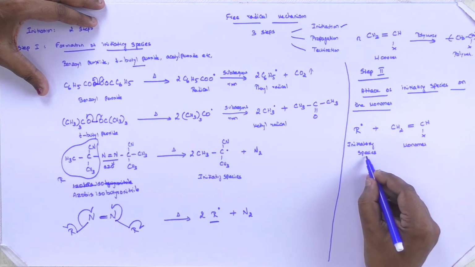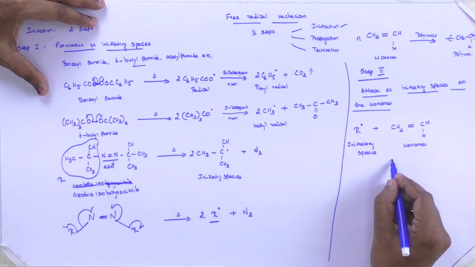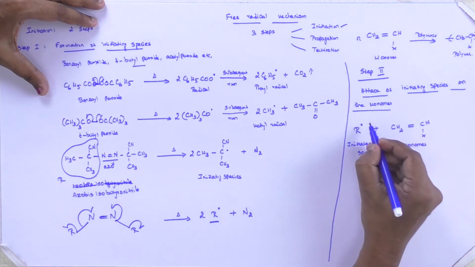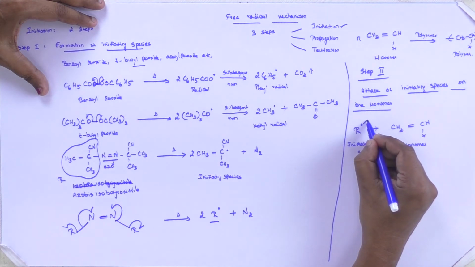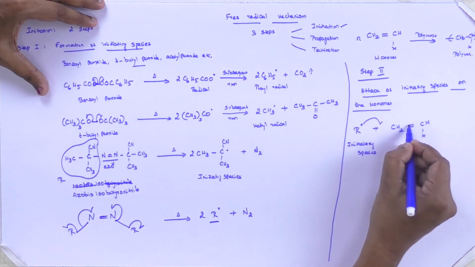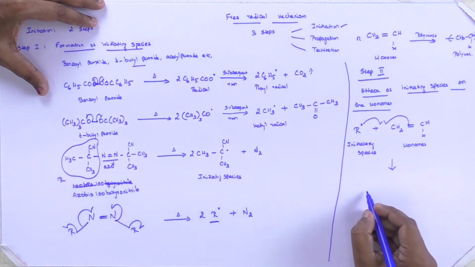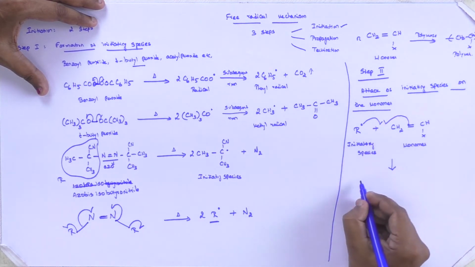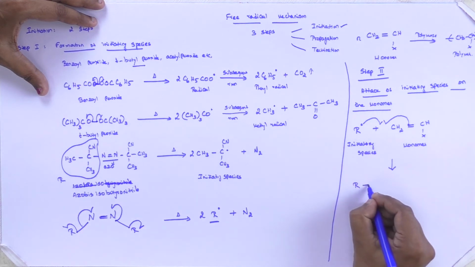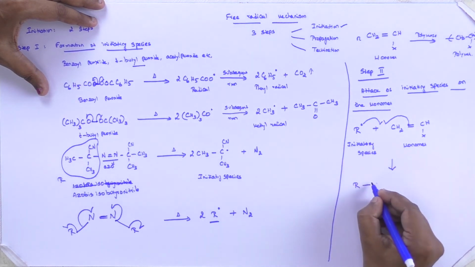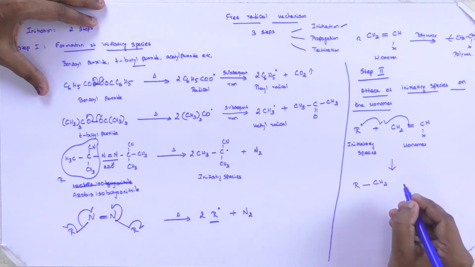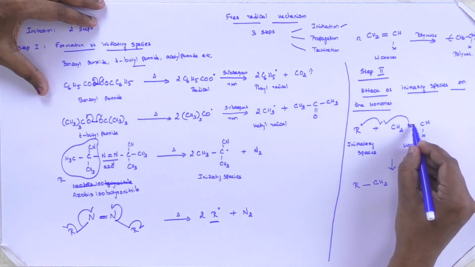So you take the initiating species and the monomer, and one electron from here and one electron from here form a sigma bond, or single bond. So a bond is formed with CH2, and again there will be no double bond.